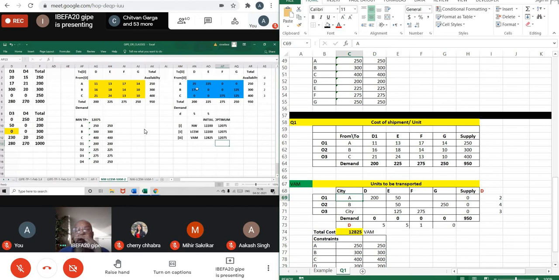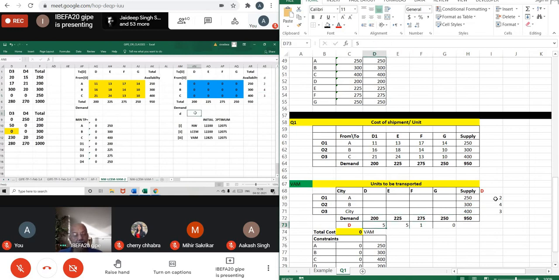I repeat again, VAM. First, the difference between row minimum and next minimum: 2, 4, and 3.